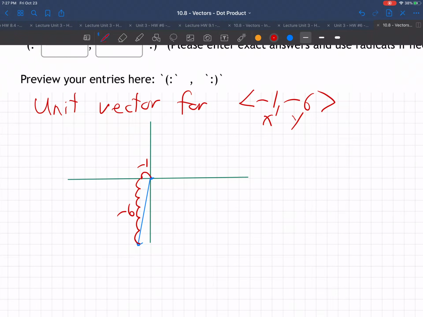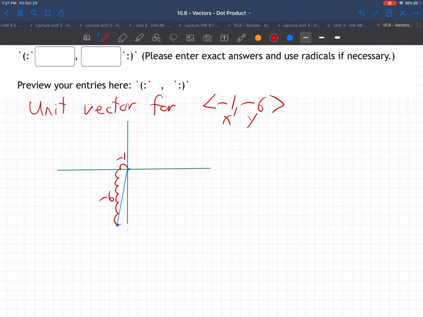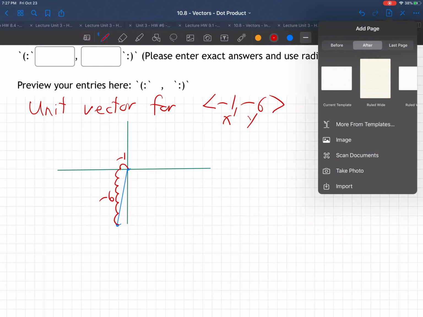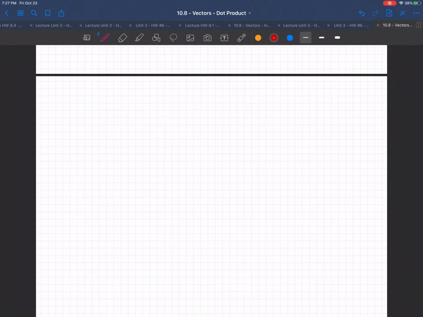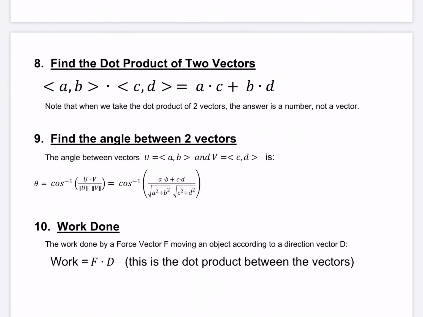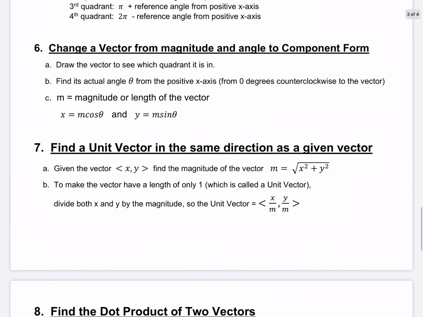Now they want the unit vector. How do you get the unit vector? Well, let me show you the notes here. Here it is, finding a unit vector.